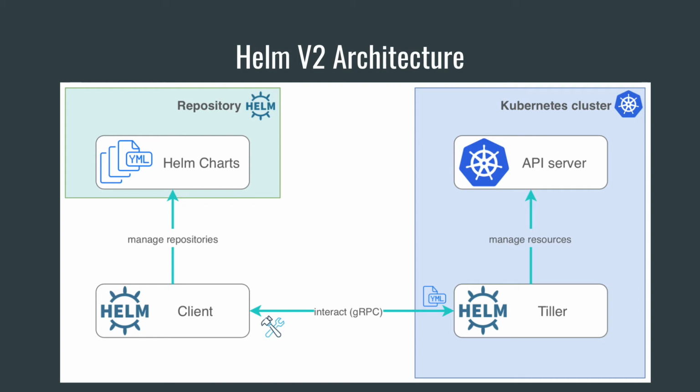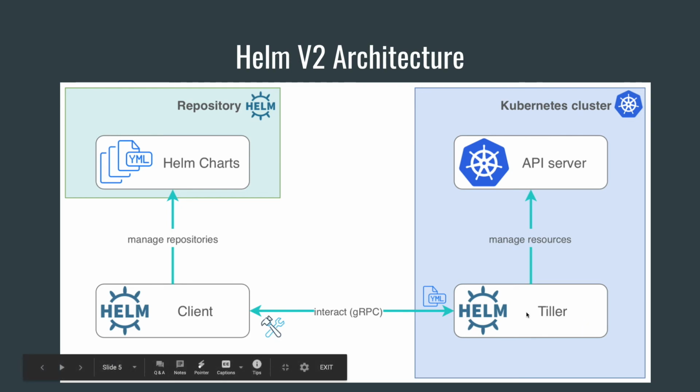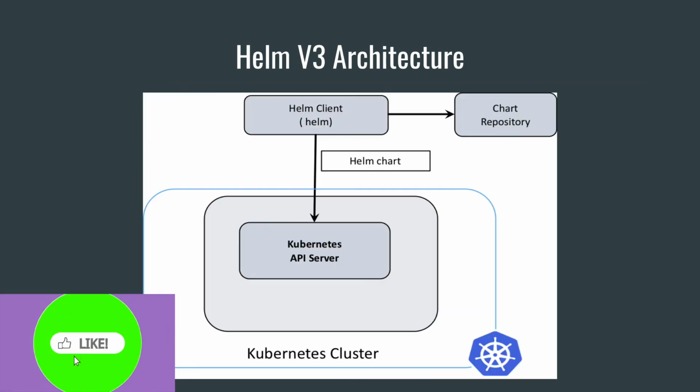Now there were a few drawbacks: it was insecure to run something inside your Kubernetes cluster which is wide open to access, and which can modify all the resources inside the cluster. Because of this and some other challenges, it was hard to deploy and maintain Tiller inside the Kubernetes cluster.